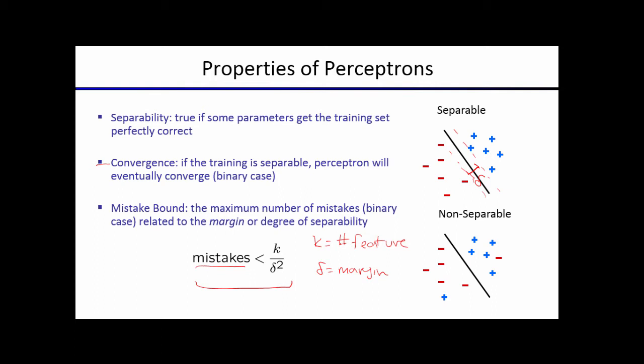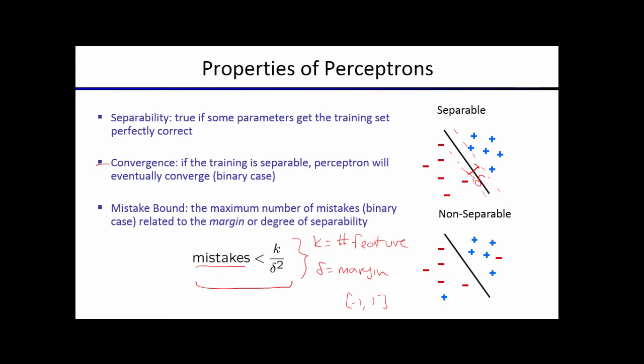This does make one assumption, and that is that all of your features lie in the interval -1 to 1. So essentially, if you scale all your features to be between -1 and 1, then this is the bound that you have.